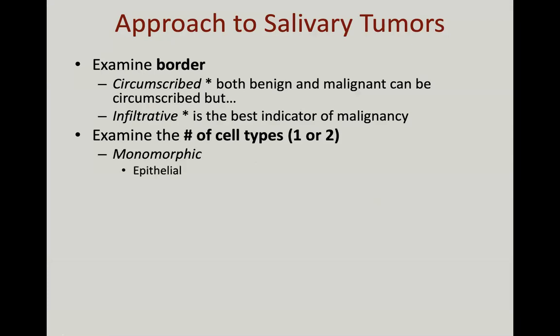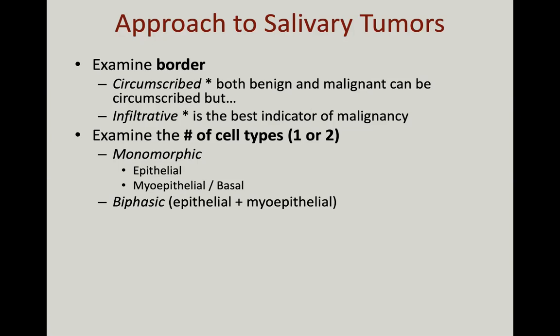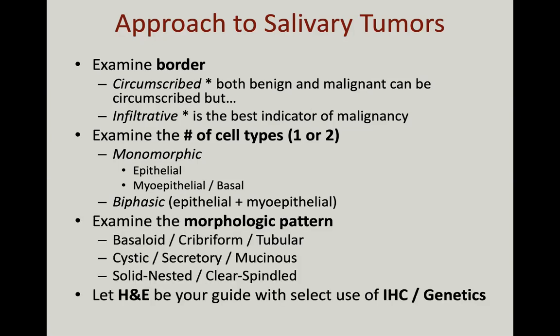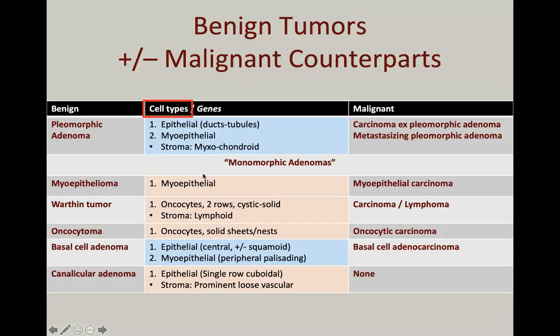There are monomorphic neoplasms composed entirely of epithelial cells or entirely of myoepithelial cells, and biphasic neoplasms composed of both epithelial and myoepithelial cells. Once we've determined monomorphic or biphasic, we can put it into a morphologic pattern grouping and selectively use immunostains and genetics to determine which exact subtype of tumor it is.